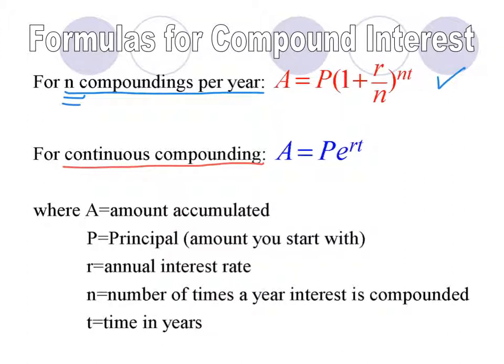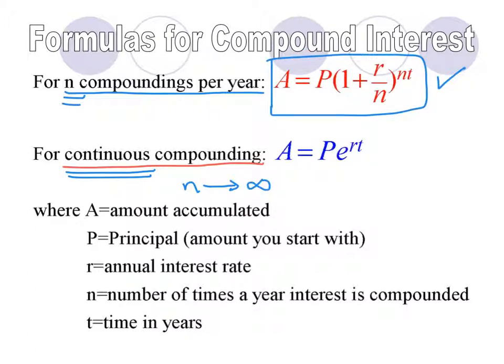On the other hand, continuous compound interest, literally, if you could let the number of times that interest is added onto an account, n from your earlier formula, approach infinity, you would have continuous compound interest. So essentially, as the number of times per year they calculate interest increases, it approaches this formula.